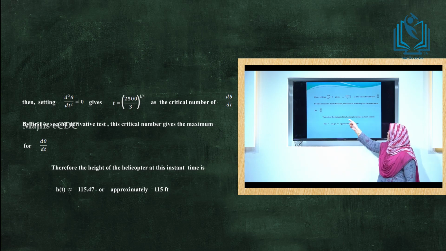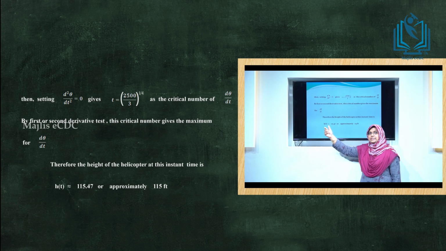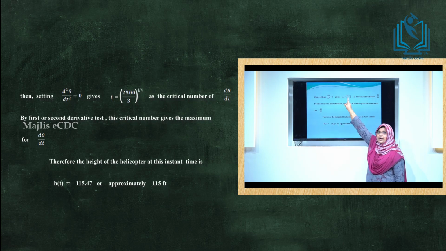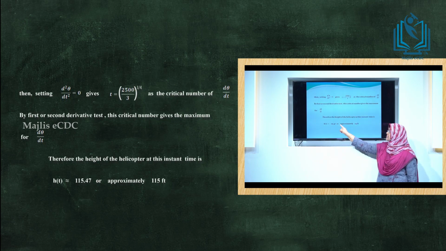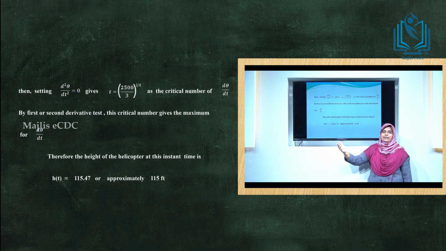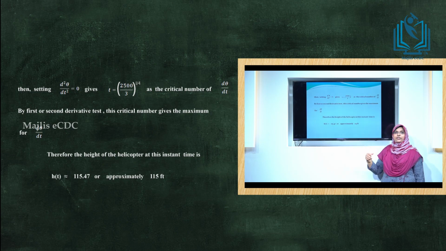Therefore, the height of the helicopter at this instant is h of t equals h of (2500 by 3) whole raised to 1 by 4, which is 115.47 or approximately 115 feet. That is, the height is 115 feet.